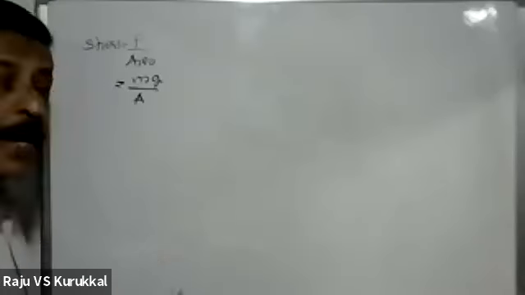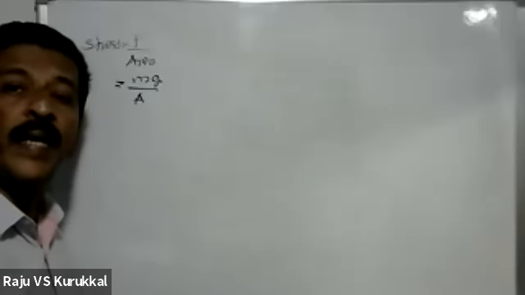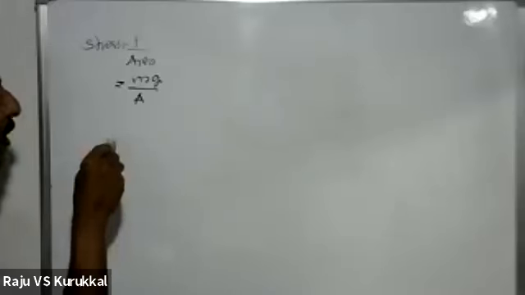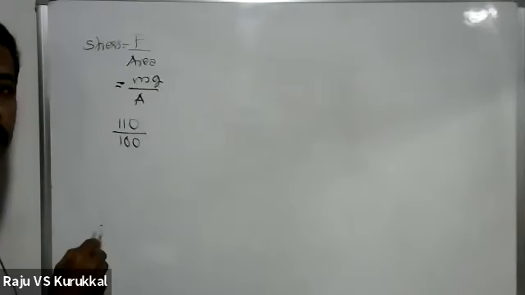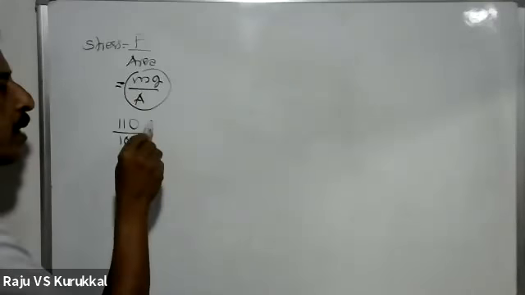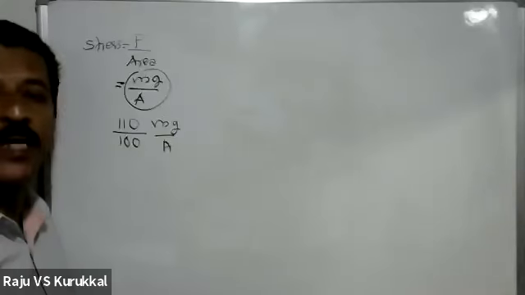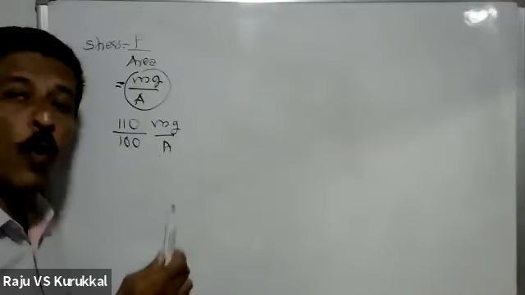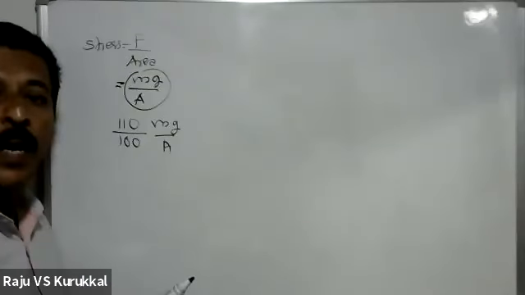This stress is increased by 10%. If the initial level is 100, then with a 10% increase it becomes 110. Initially 100, then 110. When the lift is moving up, what is the stress?